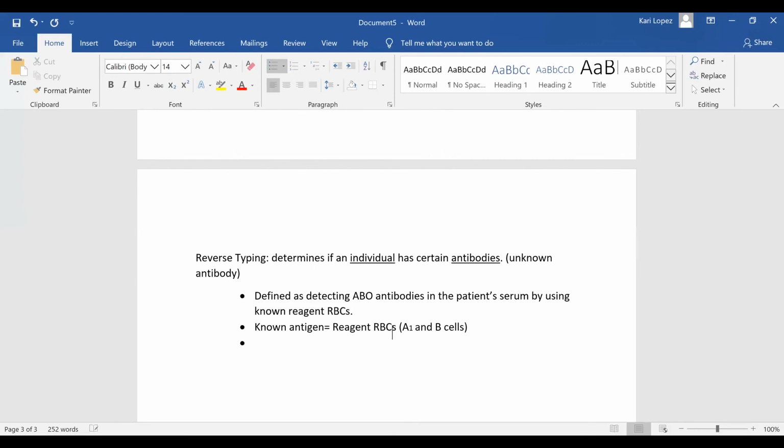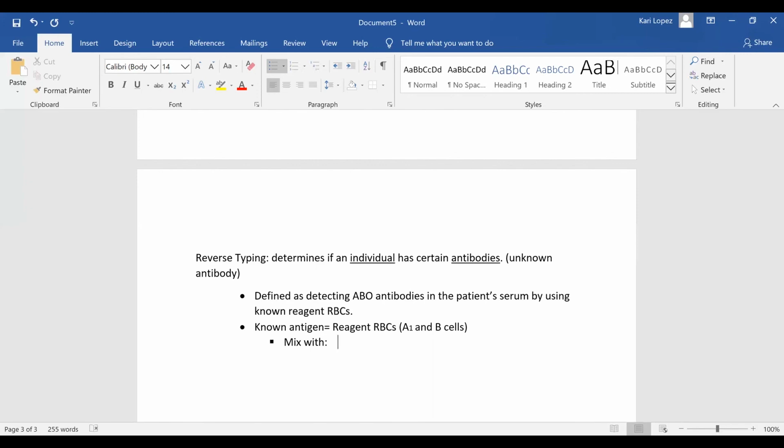So we've got our known antigen. So you know we start with our reagent red blood cells, and so we need to mix those with something, right? So mix with.